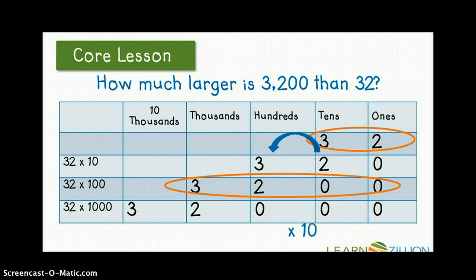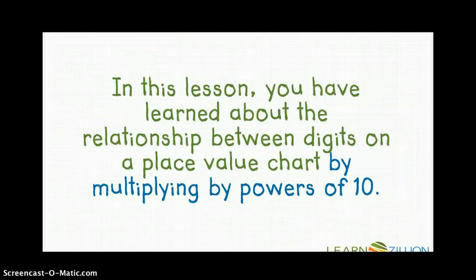The first time we increased by 10, and then we increased by 10 again. 10 times 10 is 100. So 3,200 is 100 times larger than 32. In this lesson, you have learned about the relationship between digits on a place value chart by multiplying by powers of 10.